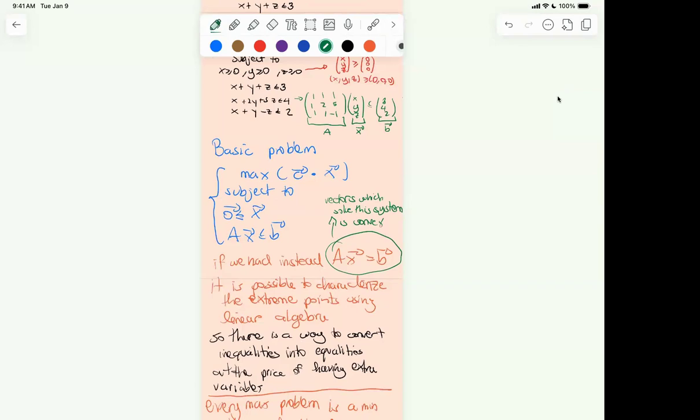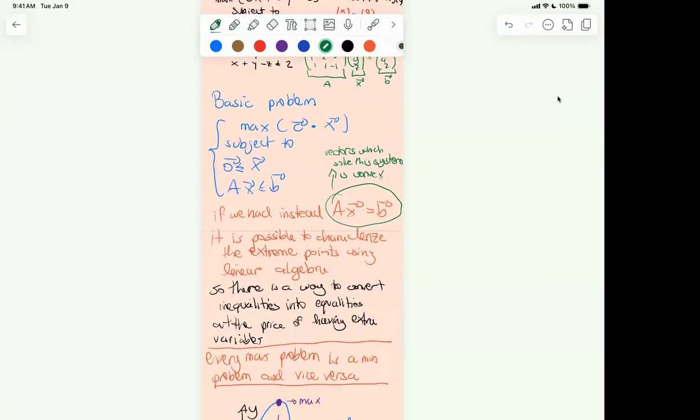But if you're talking about cost, it does make more sense to minimize the cost than maximizing minus the cost, which is the same mathematically. So the problem tells you whether you should set it up as a max or a min, but mathematically speaking, you can translate between the two without any issues. That's why, if you read many different optimization sources, sometimes the standard way of writing it involves a max or sometimes a min, but that's just one way to refer to it because it doesn't really matter which choice you make.